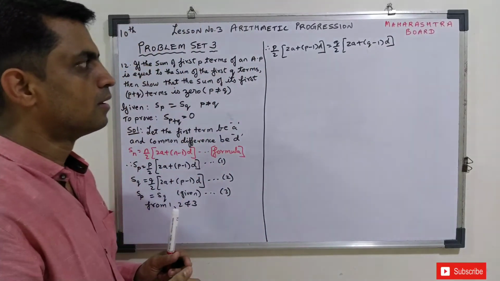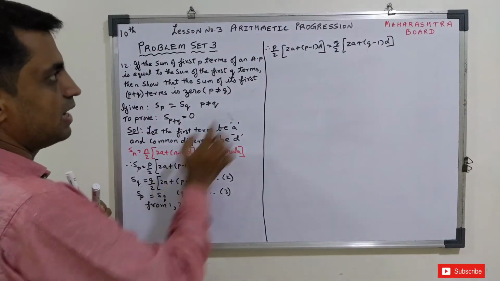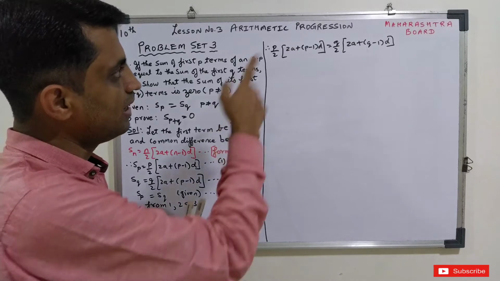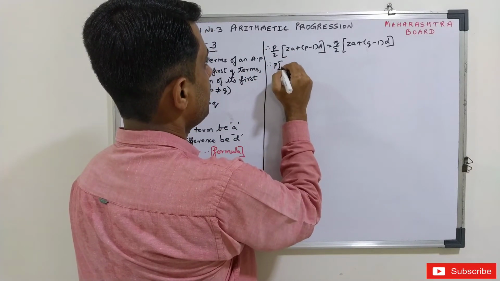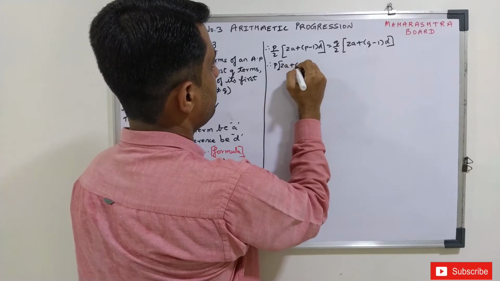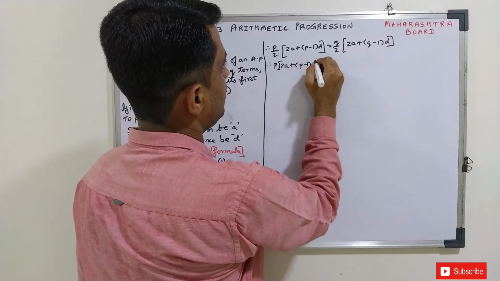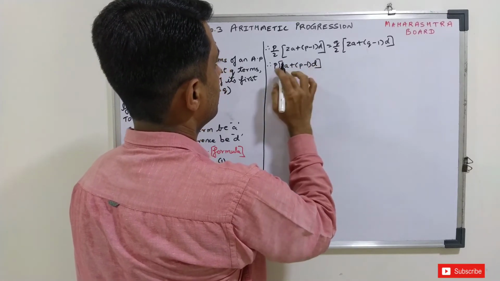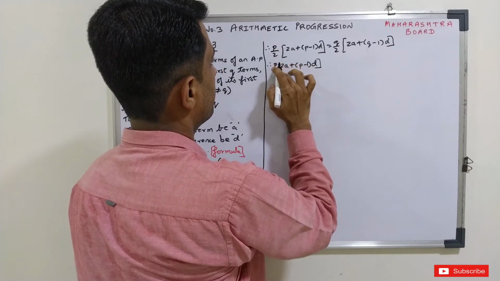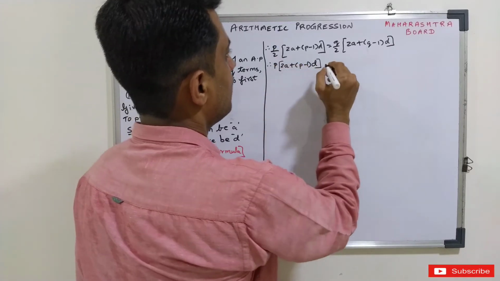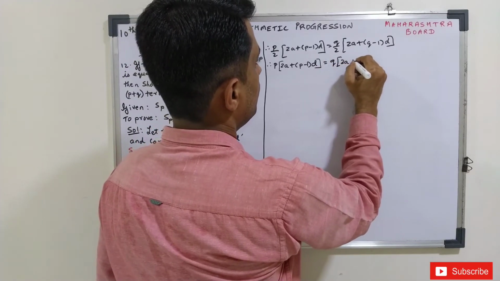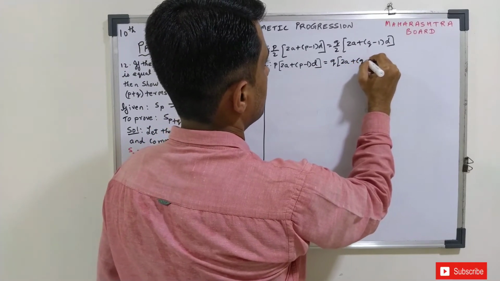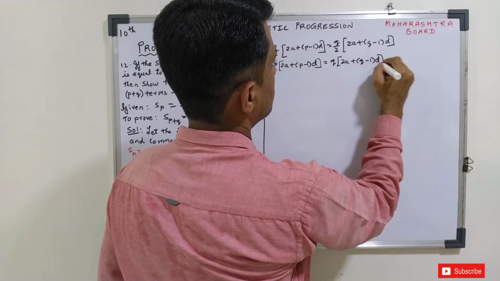So we have substituted these values here. Now the 2 will get cancelled. So we have P (2A plus P minus 1 into D) is equal to Q (2A plus Q minus 1 into D).